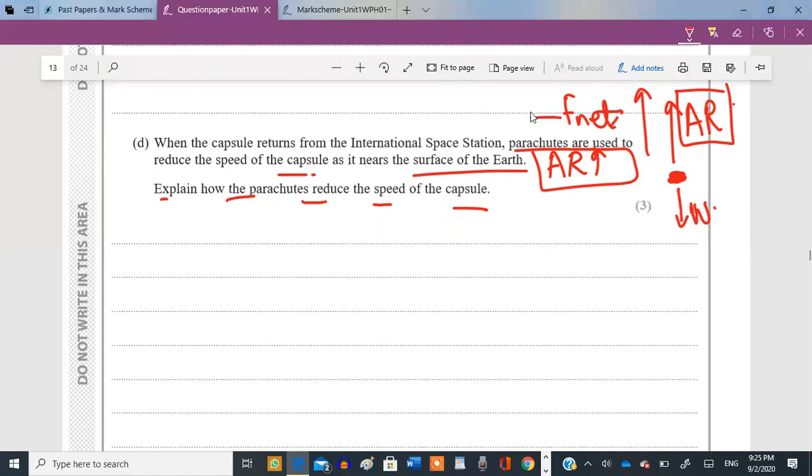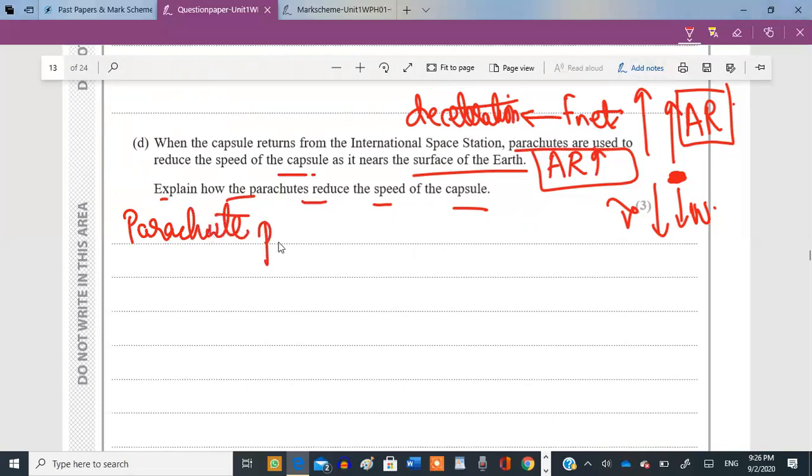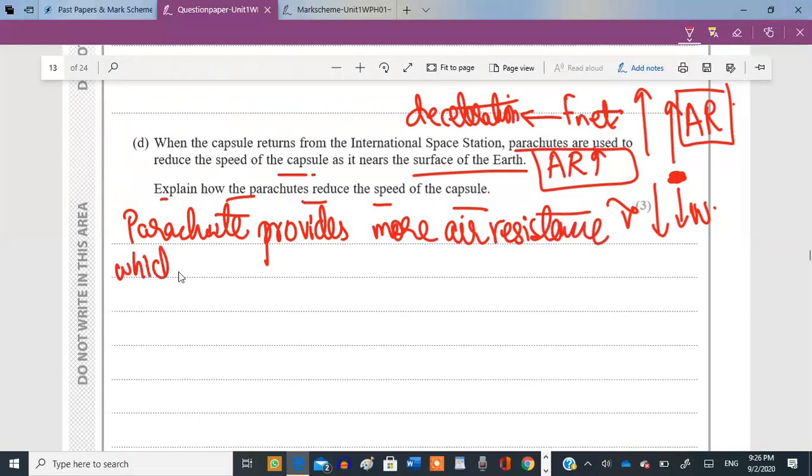And if there would be a net force upwards, then that would actually lead to deceleration of the spacecraft. Why deceleration? Because now the net force would be in the opposite direction to the velocity of that spacecraft. Okay, velocity is downwards, but the net force is upwards. So parachute provides more air resistance, which results in upward net force, upward resultant force.